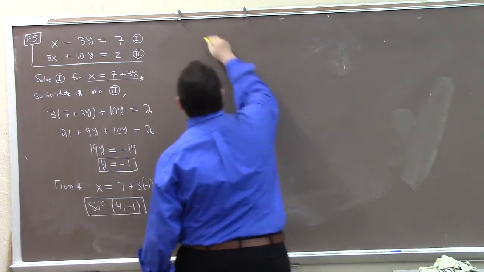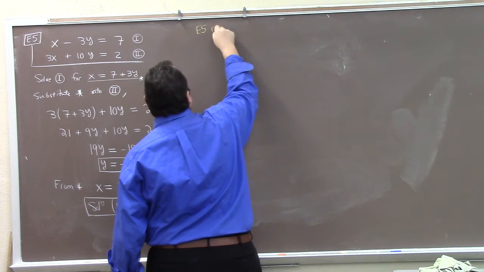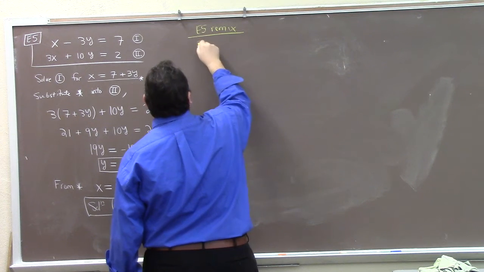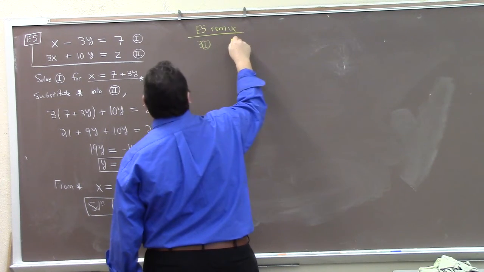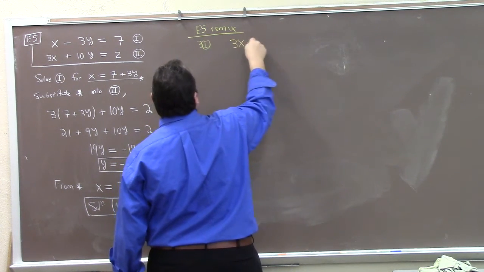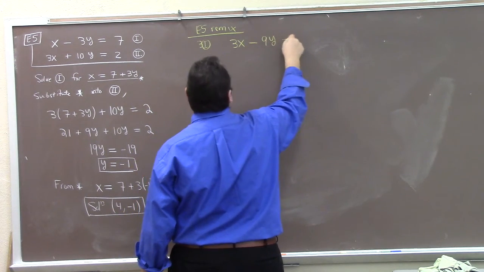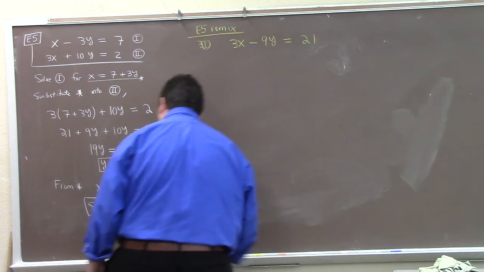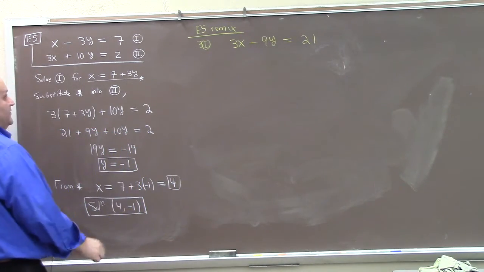So example 5 remix. I take 3 times equation 1. That gives me 3x minus 9y equals 21. And I just keep equation 2 like it was.